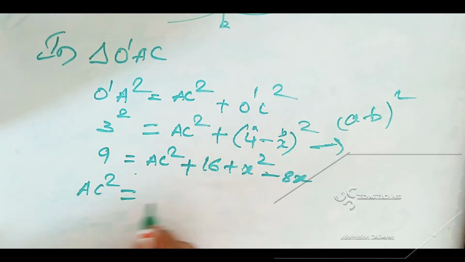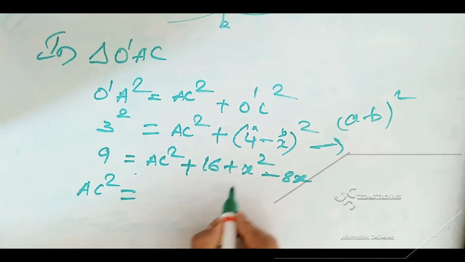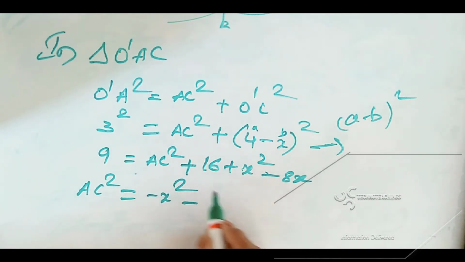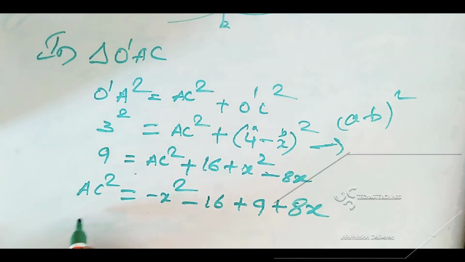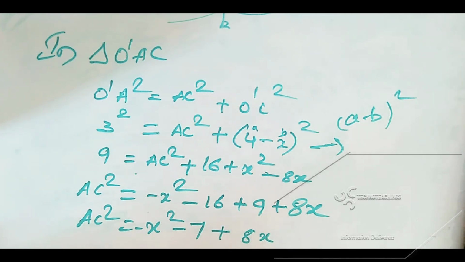So AC square is equal to minus x square minus 16 plus 9, which is minus 7, plus 8x.